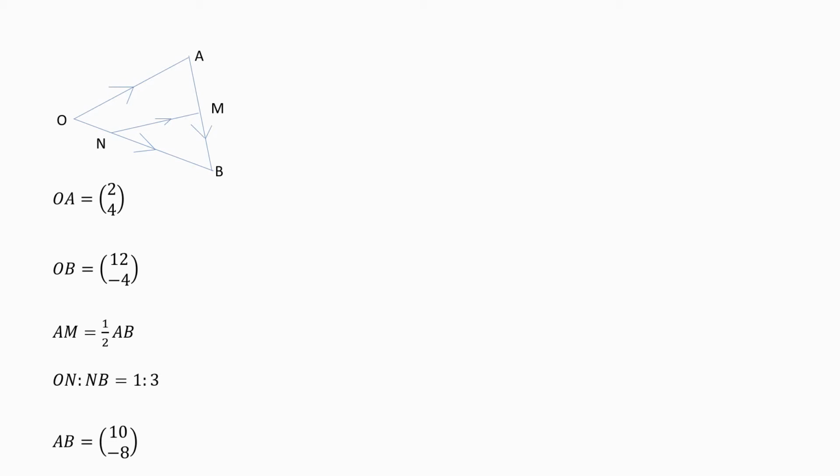So we need to find NM, and based on the illustration, NM is NB plus BM. And since BM can be written as negative MB, NM is NB minus MB.